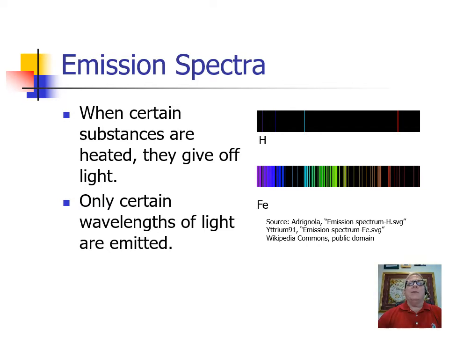And so if you pass light from these elements through a diffraction grating, and then you observe the resulting pattern on the screen by measuring the distance from the central maximum to the different first order interference fringes, you can determine the wavelength of light. Some elements have very few wavelengths, at least in the visible light range, and some will have a whole bunch of wavelengths in the visible light range.